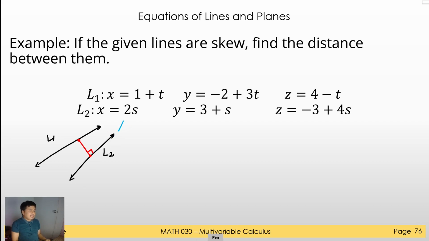So we can derive a plane or a coplanar line in this. You can imagine, let's say this is your coplanar line that represents this plane. Okay? So what we want to find here is this distance.